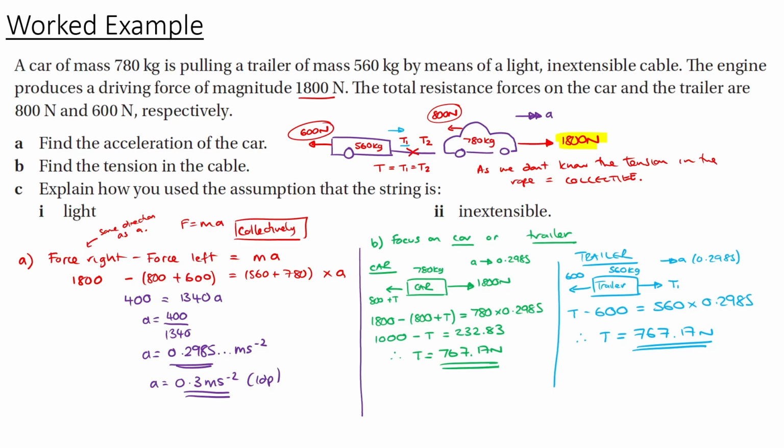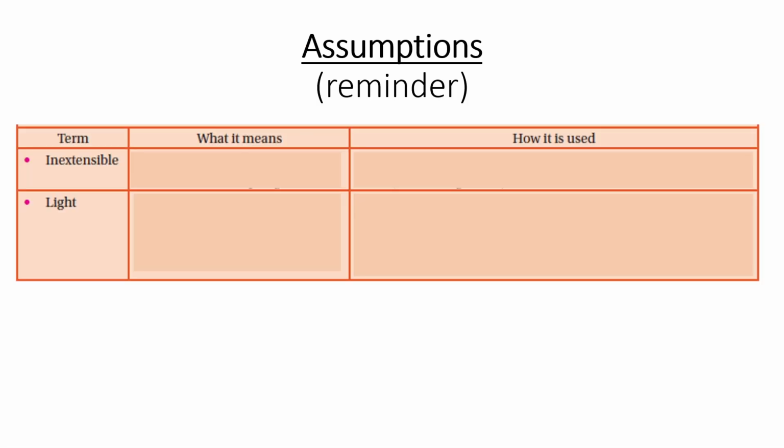Now for part C, it says explain how you use the assumption that the string is light and inextensible. Well, that leads us into the next slide. When it comes to assumptions, just a reminder from when we looked at forces: when something is inextensible, what does this mean? Well, it means the string cannot stretch.